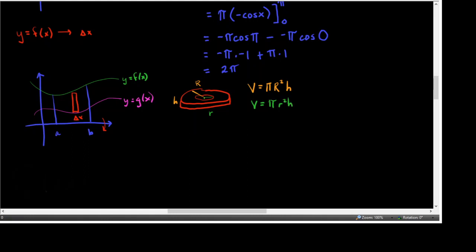And so the resulting volume for the whole thing is going to be what? What do you think it'll be? The volume of the metal itself. It's going to be the whole thing as if it were solid, that volume of metal, minus the volume of the hole.